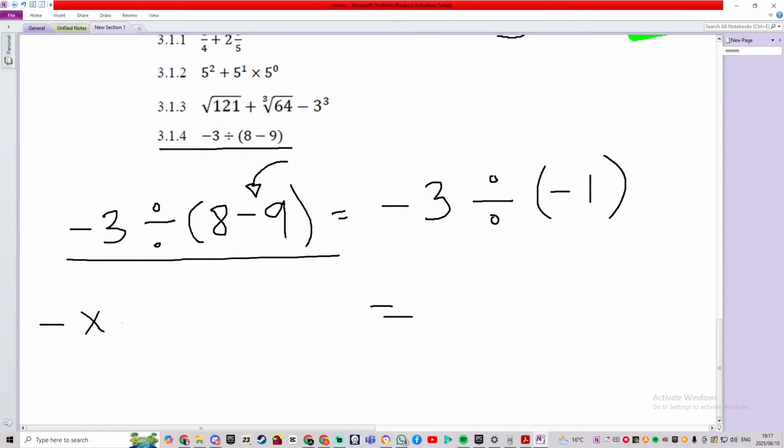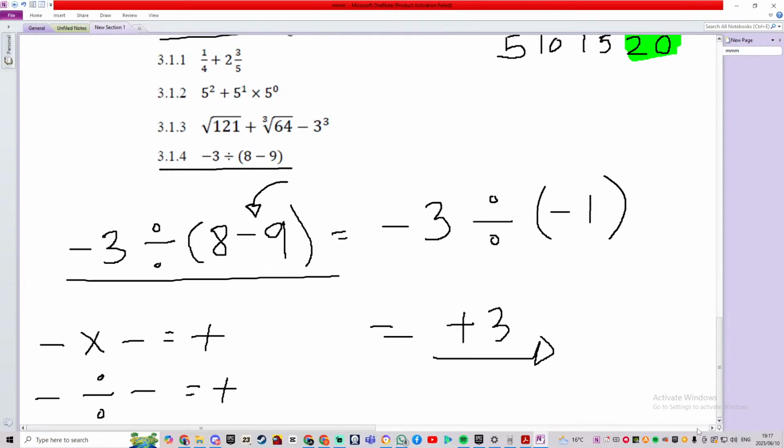Minus times a minus is a positive. But also minus divided by a minus is also positive. Okay? So minus 3 divided by minus 1 is positive. 3 divided by 1 is 3. So that answer is simply positive 3. Okay? That's it for question 3.